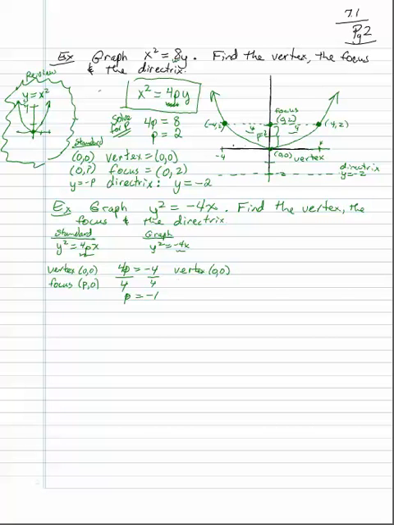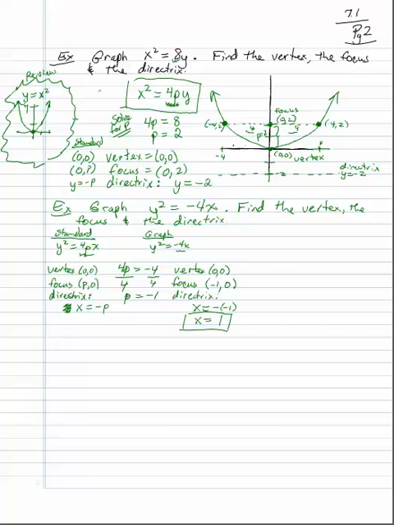So this one's going to be negative 1, 0. And then the directrix is x equals the opposite of p. So the directrix will be, for this one, x equals the opposite of negative 1, which is positive 1. Okay, so that's the directrix.